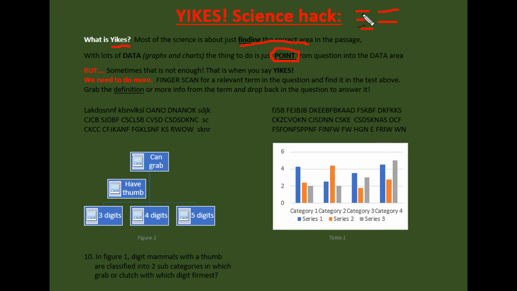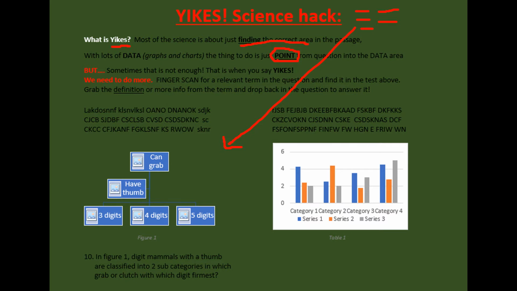One finger on your right hand would point to the text area in the question, and the other hand, my left hand, would match that up on the other page, where they give you that data.